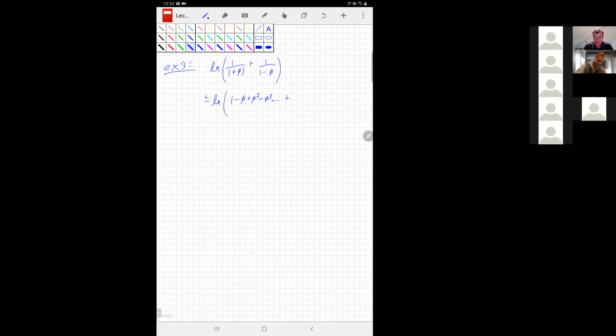And the second one becomes 1 plus phi squared plus phi cubed. And then let's just see. These two terms cancel. These two terms cancel.